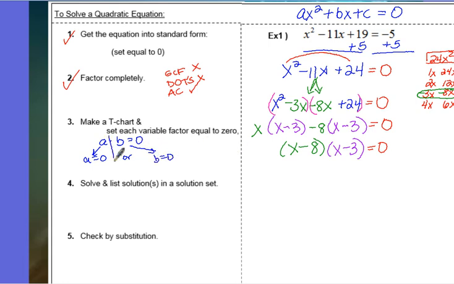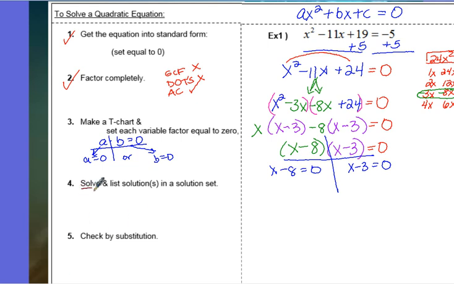So this is where the t-chart comes from. I'm going to say that either this variable factor, x minus 8, could be 0, or this binomial factor, x minus 3, could be 0. Because whatever's here multiplied with this other factor must equal 0. So A or B must equal 0.